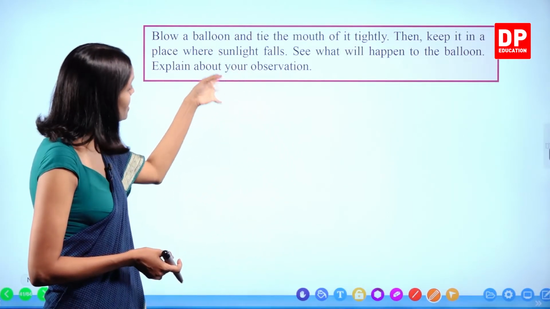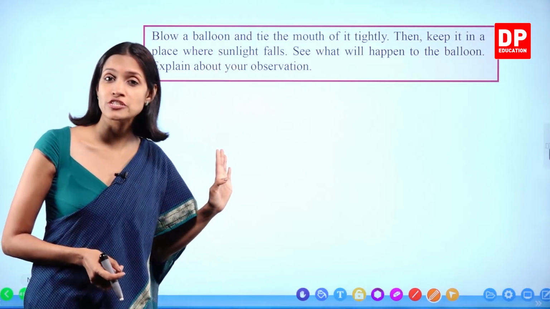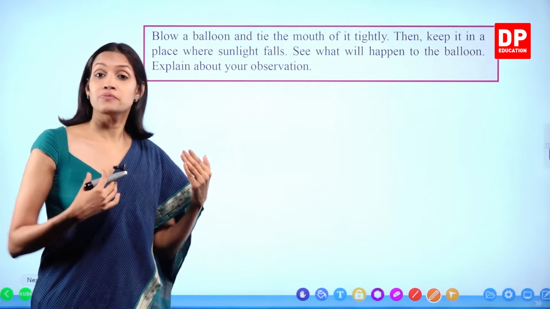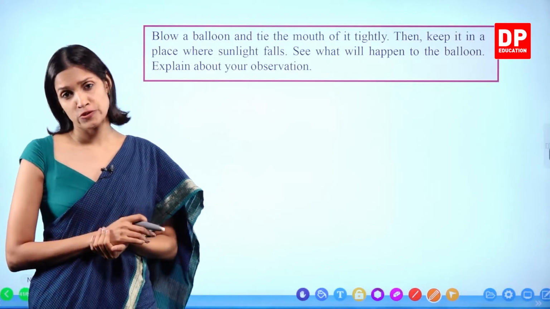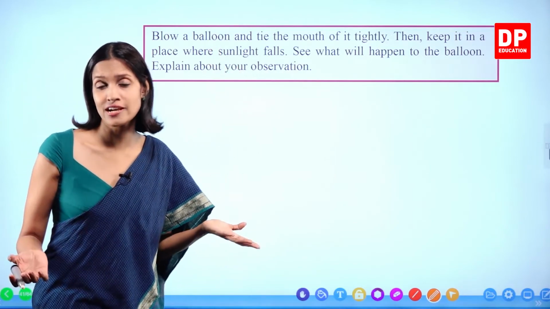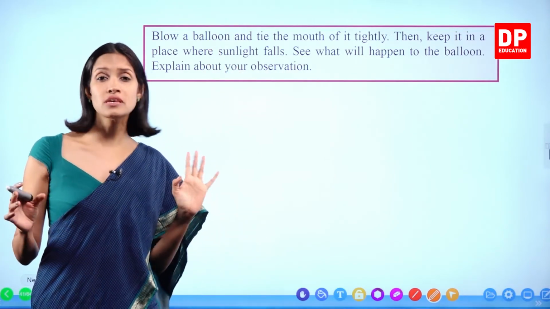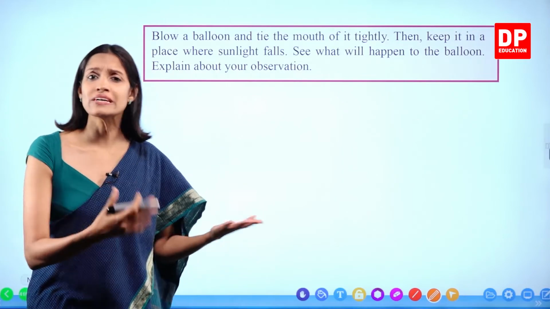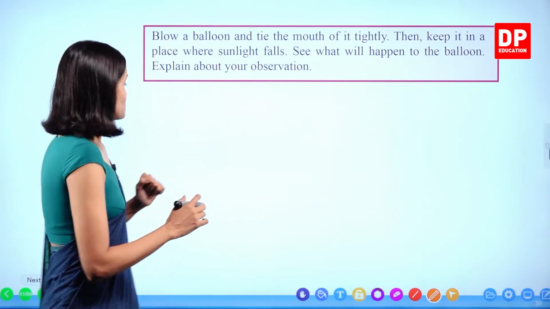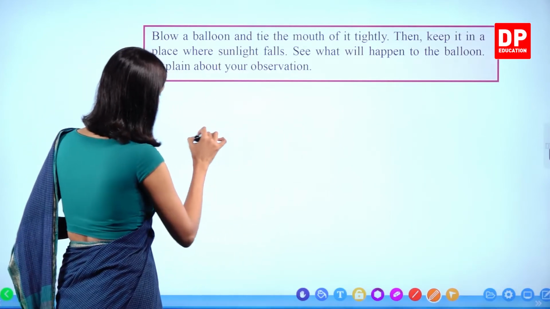Some of you must have observed these types of situations. Most of the time balloons are used in functions. If the functions are held during daytime, you must have seen the balloons burst from time to time. Why does this happen, children?